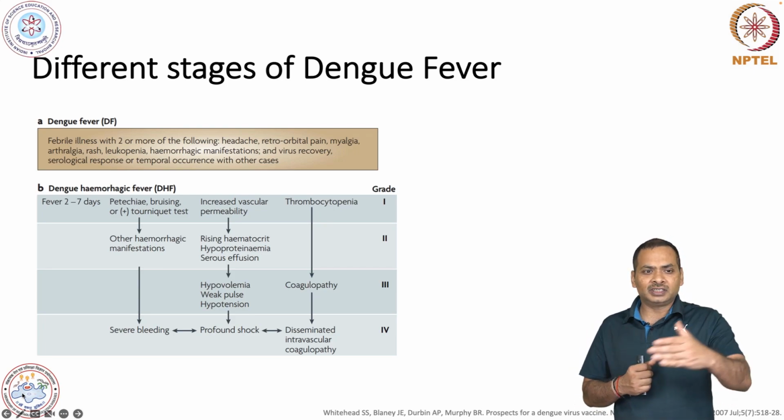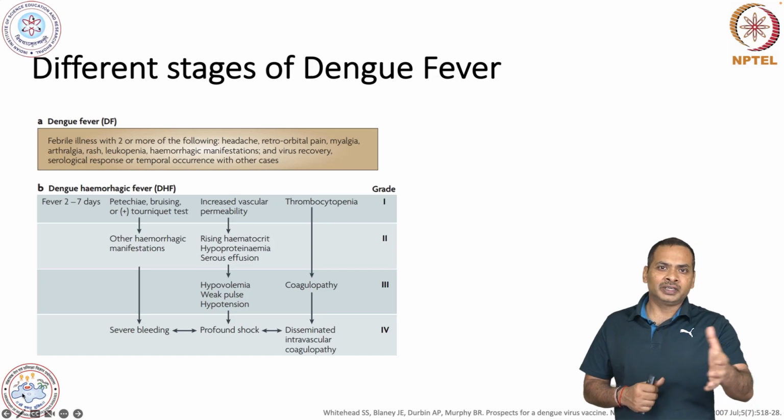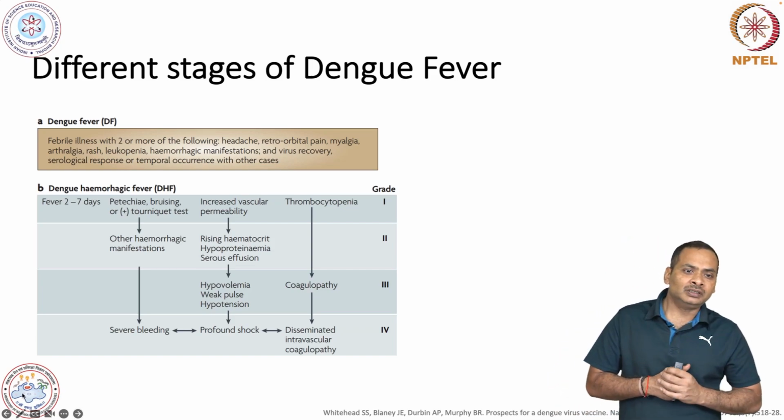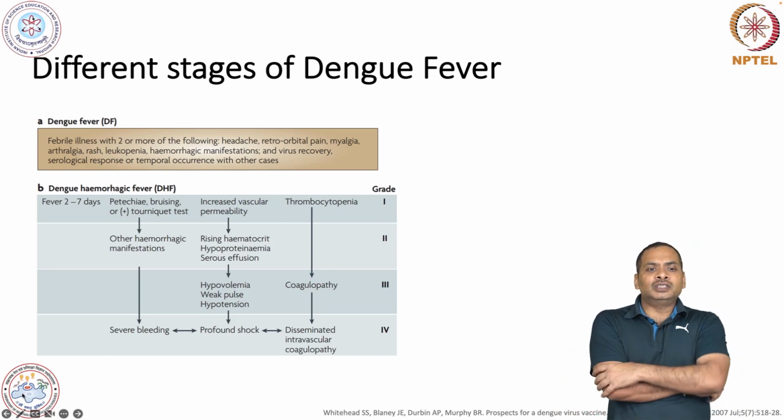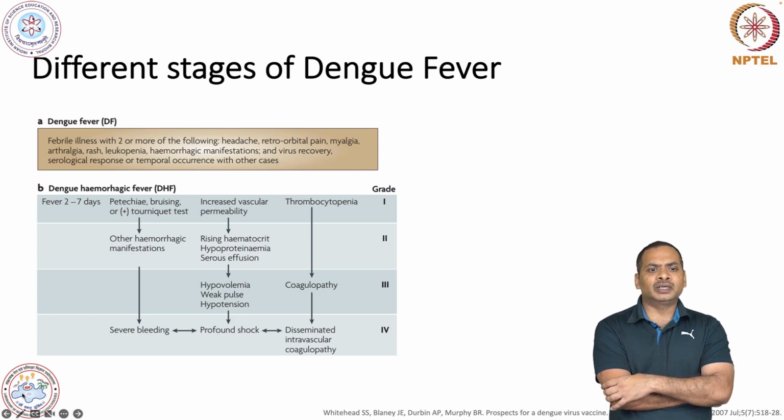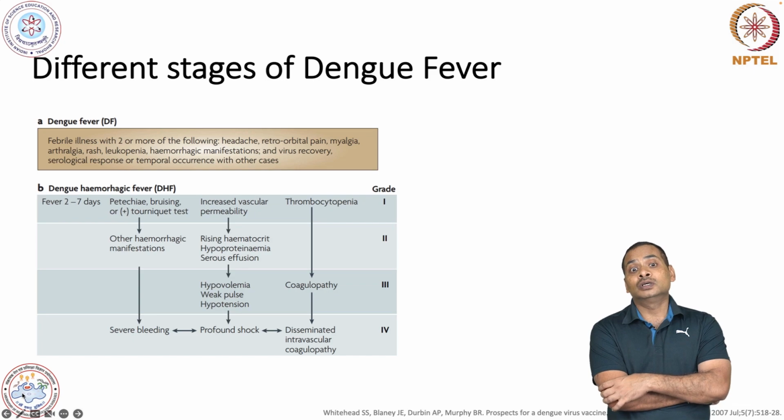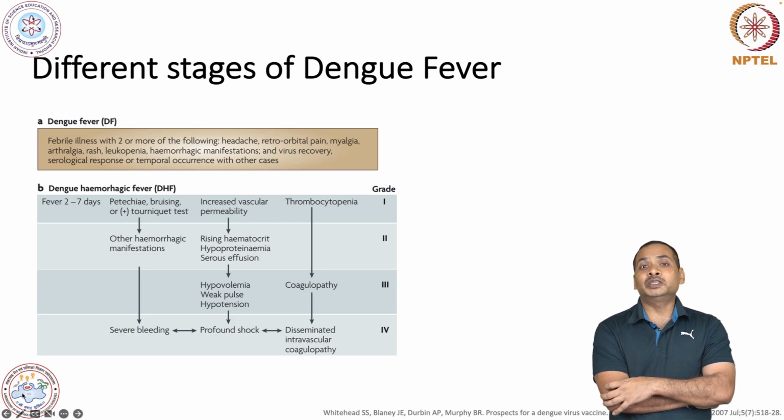This is a more clinical component. Grade 1 is also characterized by increased vascular permeability and thrombocytopenia, a reduced number of blood platelets.